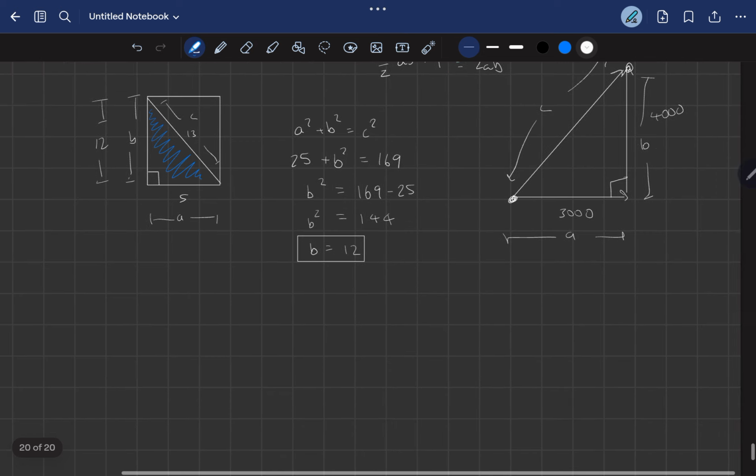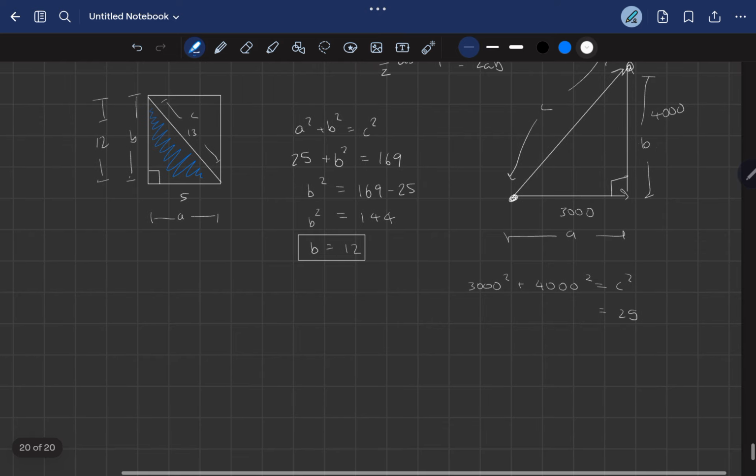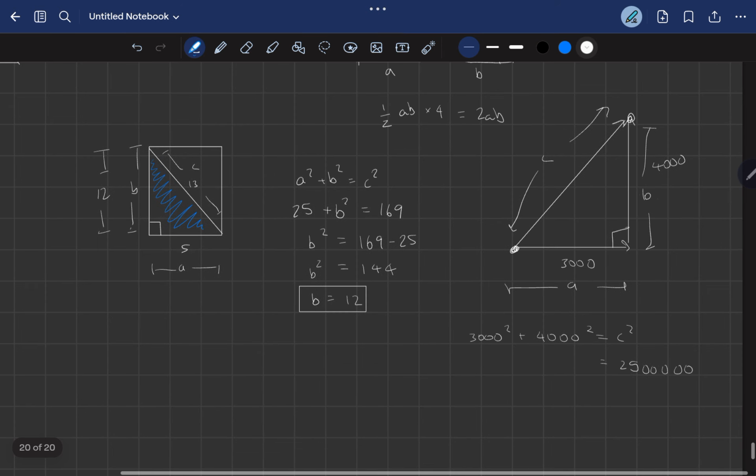So let's do this. 3,000 squared plus 4,000 squared is equal to c squared.